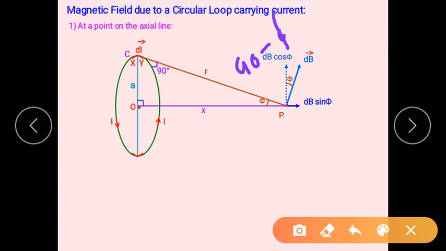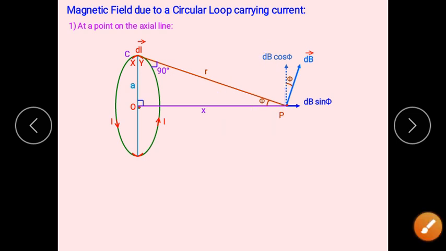Now this angle is also 90. Therefore, what will be this angle? This is 90 minus phi, therefore this angle will be phi. That is what is marked there, both the angles as phi.